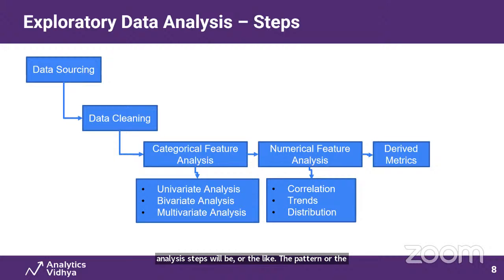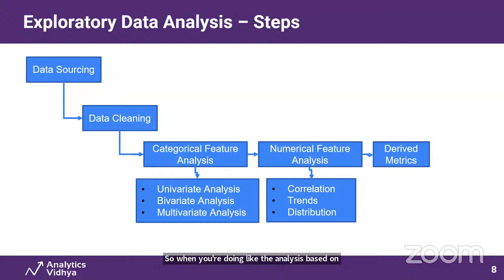For categorical features, we do three kinds of analysis: univariate, bivariate, and multivariate. Univariate is when you are analyzing only one variable. Bivariate means when you are trying to get some relation between two variables. And multivariate means more than two, when you are doing the analysis based on different variables.